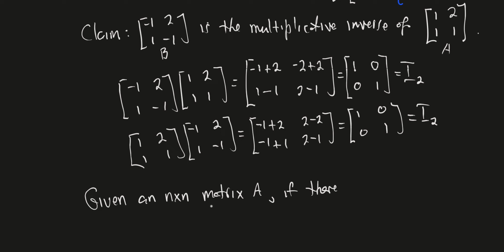So given an n by n matrix A, if there exists an n by n matrix, and we're going to call it B using kind of the same notation that we used earlier, such that, what do we want?